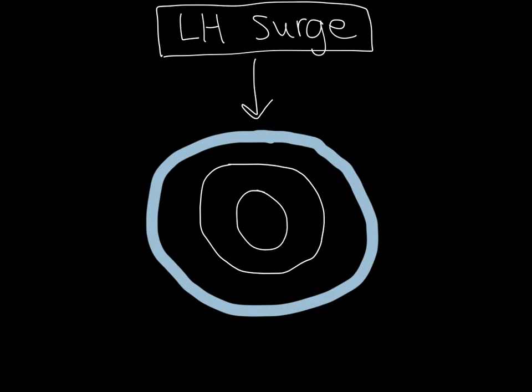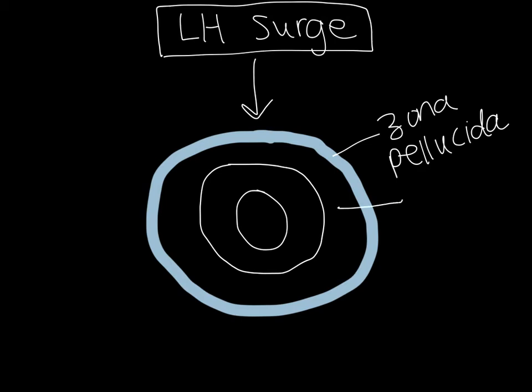And there's the Zona pellucida. This is the perivitelline space between the zona and the oocyte itself. And this perivitelline space is where the polar body will be extruded.